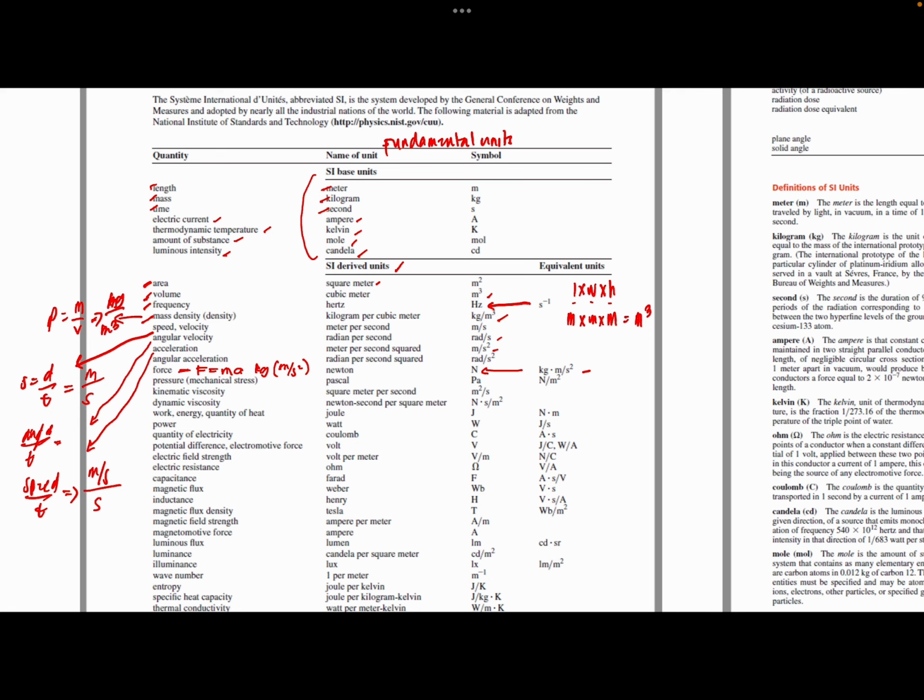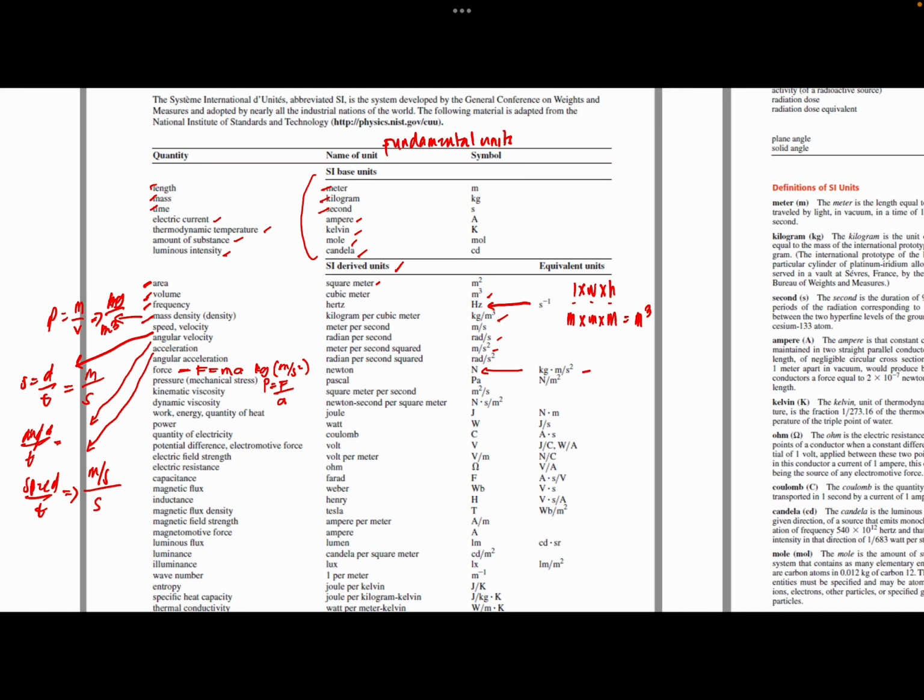How about pressure? So, ang pressure, that is force per area.